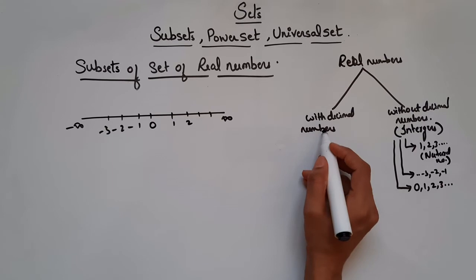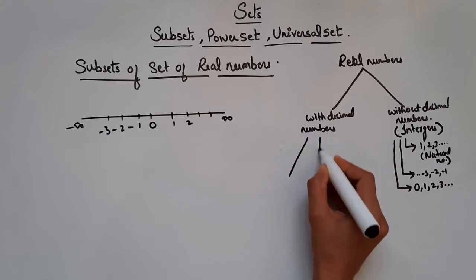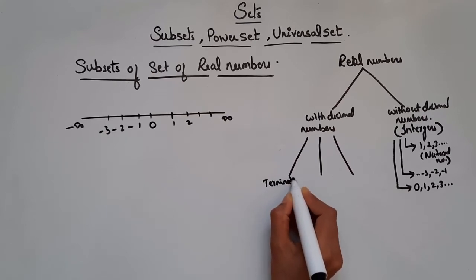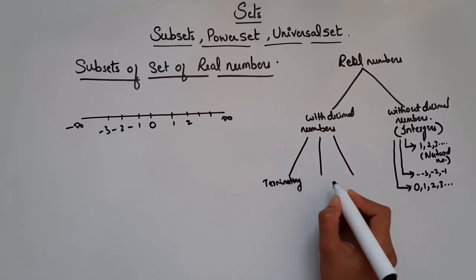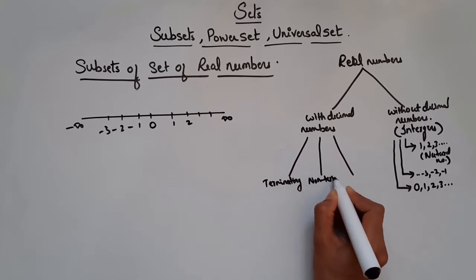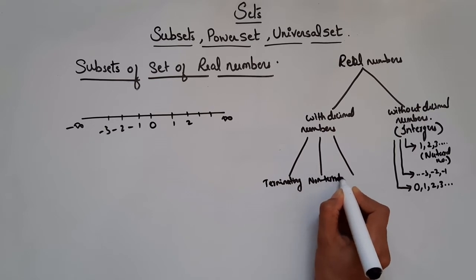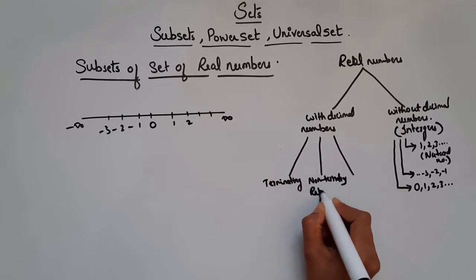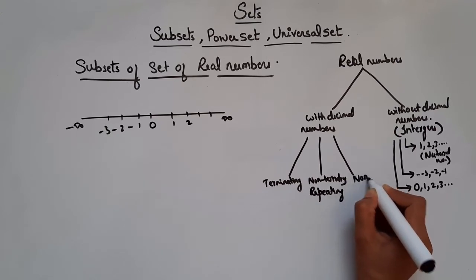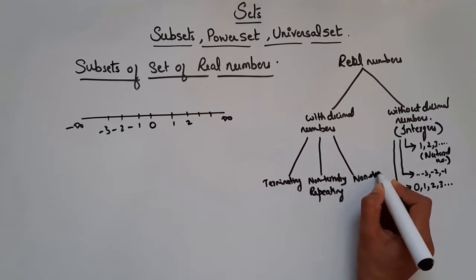In with decimal numbers we have 3 types of numbers. We have terminating numbers, non-terminating repeating numbers, and last we have non-terminating non-repeating numbers.